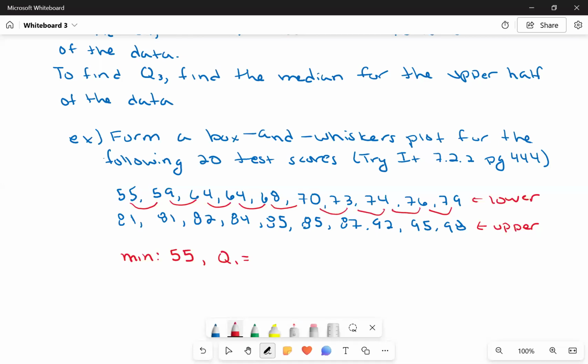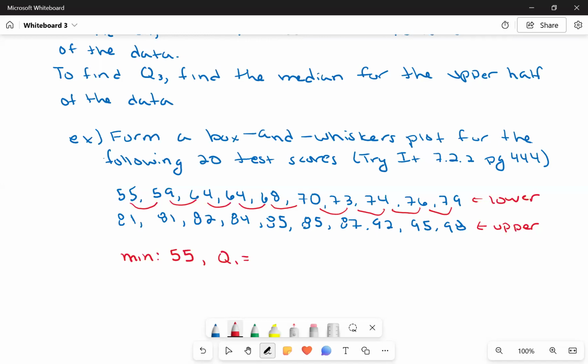Oops, I wrote it wrong. Hold on. Let me go back and make sure I wrote it correctly. 55, 59, 64, 64, 68, 70, 73, 74, 76, 79. Okay, now I'm going to actually have to turn to the page because I definitely wrote it down wrong in my notes here.